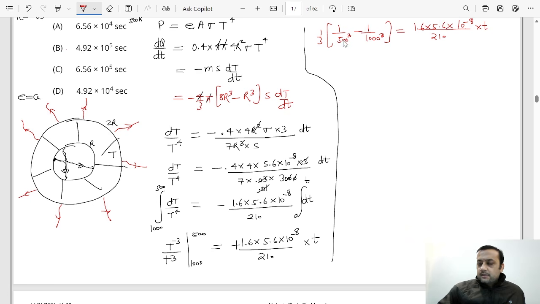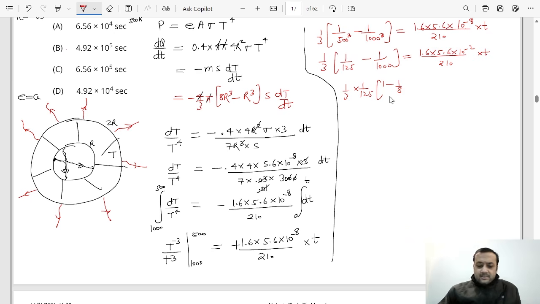If you send 100 cube from this side, here only 5 cube will be left, so that will become 125, and here 10 cube will be left, so that will become 1000, and 100 cube will make it 10 to the power minus 2. This is 1.6 into 5.6 into 10 to the power minus 2 upon 210 into time. So this becomes how much? 1 by 125 you can take common, so this will be 1 minus 1 by 8, which is nothing but 7 by 8. So I can write directly this as 7 by 8.